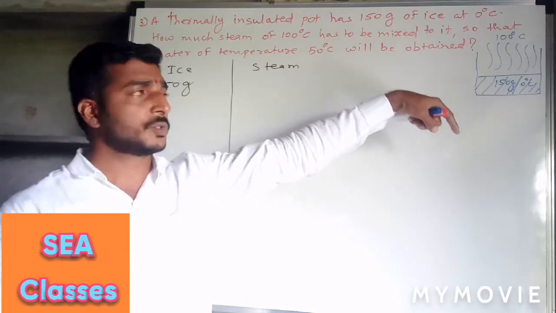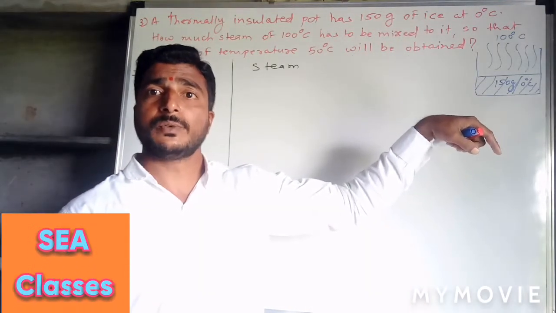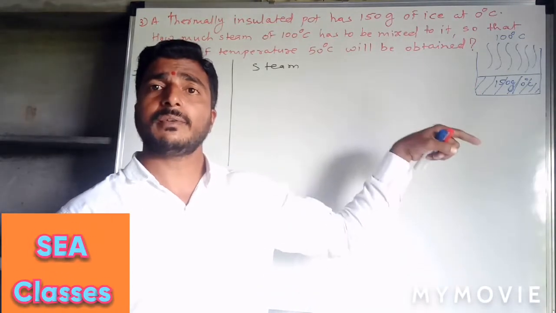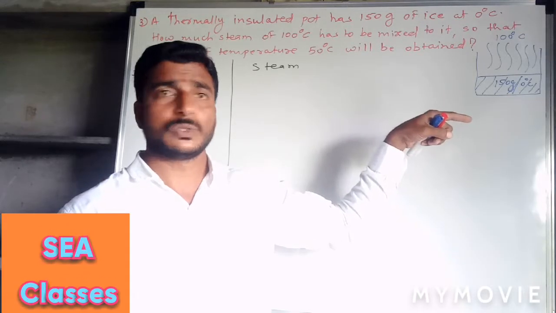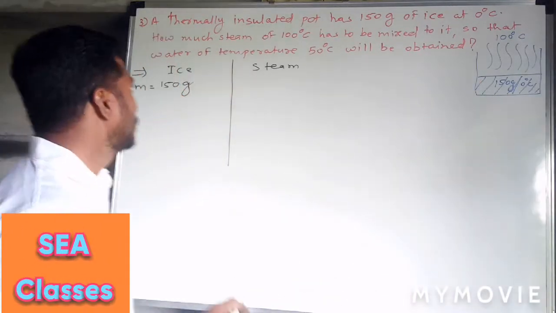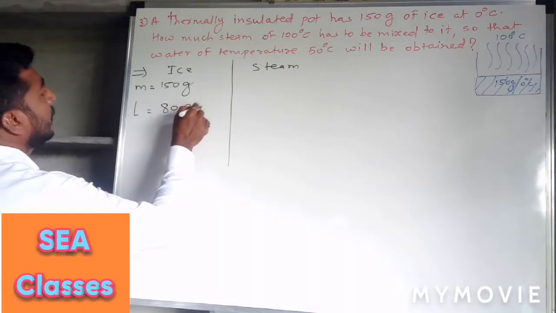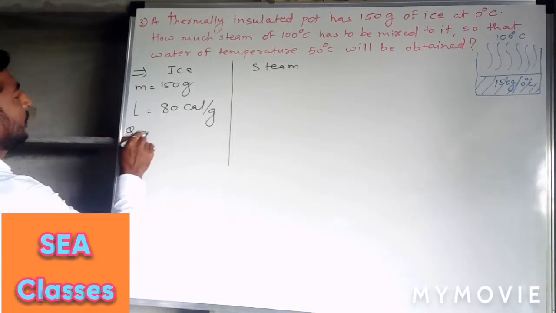Melting point is 0 degree. But when it is melting, the state is changing, solid to liquid. So it will have a latent heat. The latent heat of ice is 80 calorie per gram. So the Q1 will be equal to.